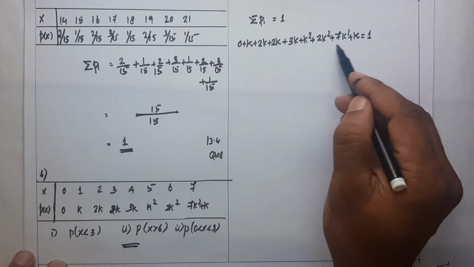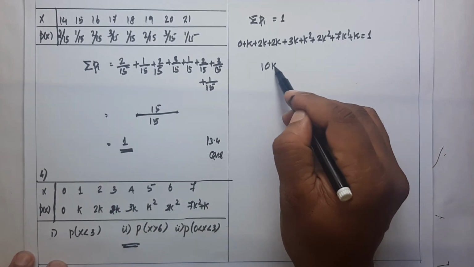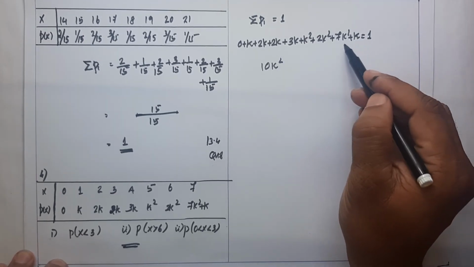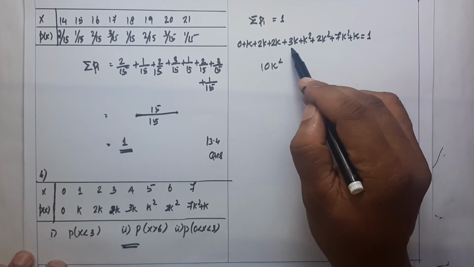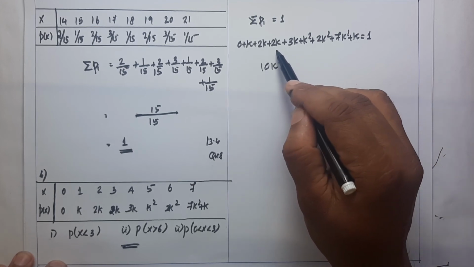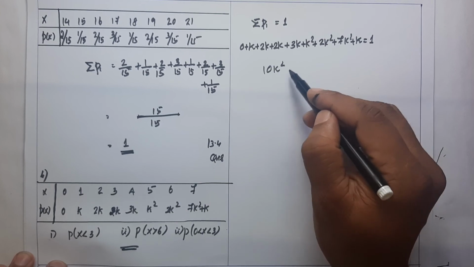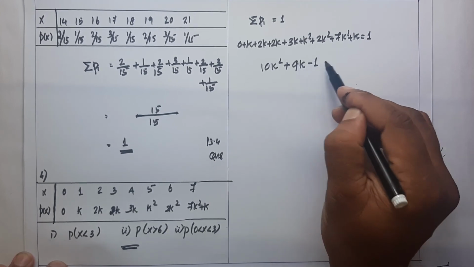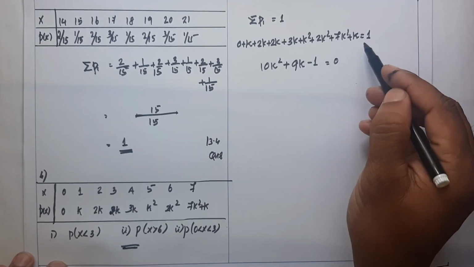Adding the k square terms we get 10k square. Now adding the k terms: k plus 3k is 4k, plus 2k is 6k, plus 2k is 8k, plus 1 is 9k. So 10k square plus 9k minus 1 is equal to 0, with 1 taken to the left side.